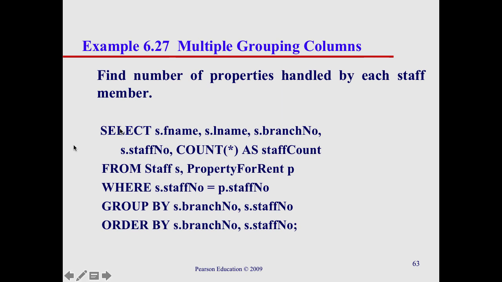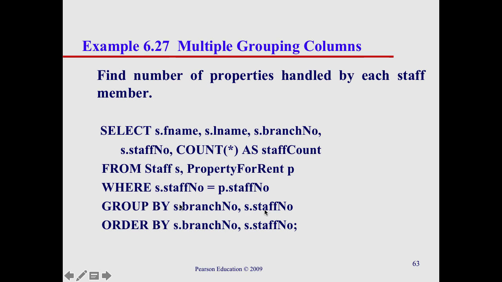So in that case, what I want to do is group the properties by the branch number and the staff number. So I'm not even asking how many are being managed per branch. It's on a staff number basis. So I end up wanting to do a join between the staff and the property for rent. Again, I could do a natural join because the columns are the same. And once I have that, I'm going to be grouping by the branch number and the staff number.